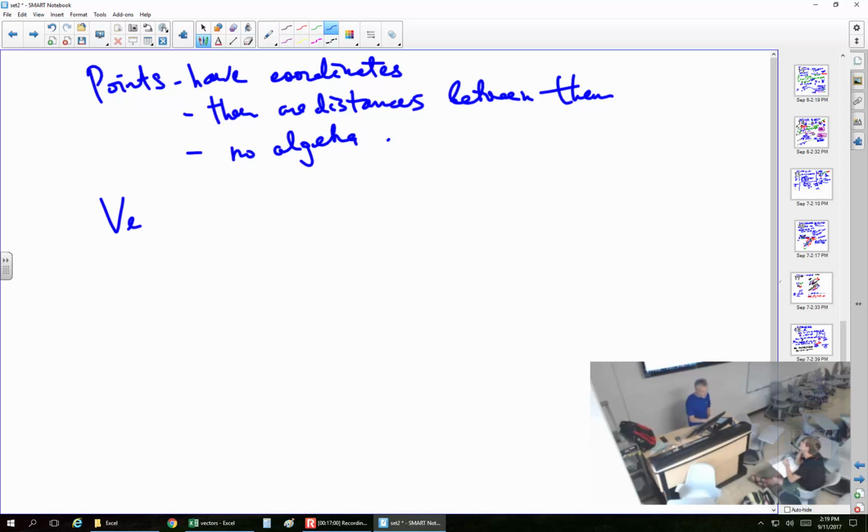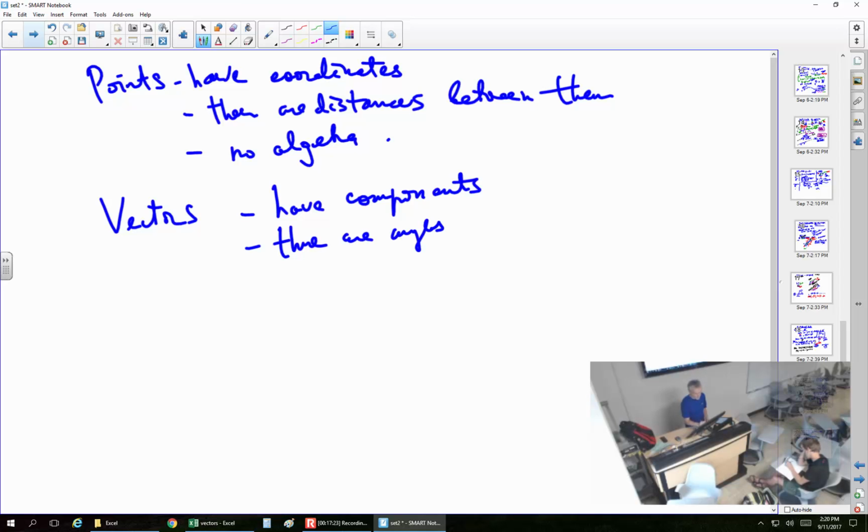With vectors, even though maybe given by the same number of numbers, they have components, which we're going to discuss, and then there are angles also to be discussed between them. Well, there are 2 points, there could be no angle between them, but between vectors, certainly that makes sense. And then we do algebra.